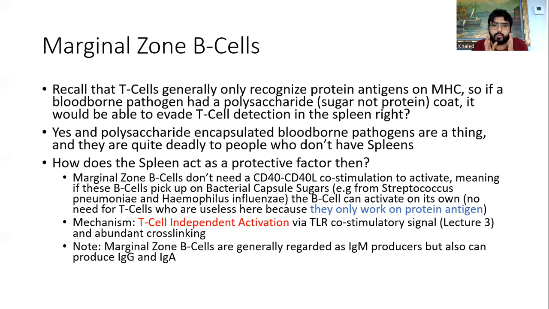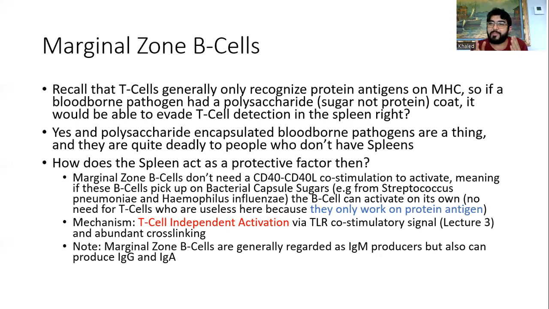And they will form generally IgM, but they can also form IgG and IgA. But it's good because IgM and IgG are very good opsonins. These two antibody classes are considered to be the opsonization class antibodies in this context.